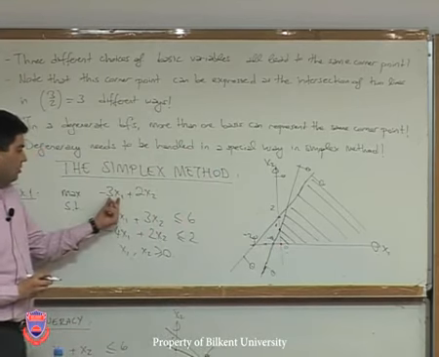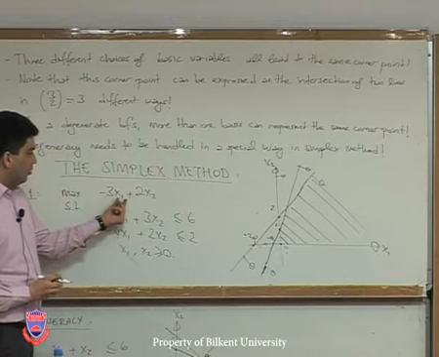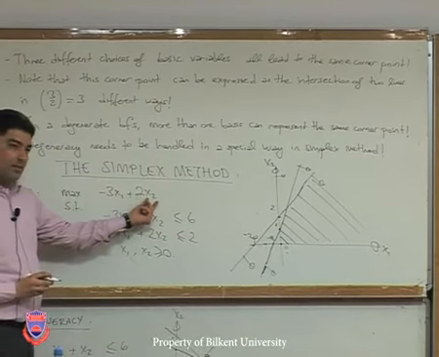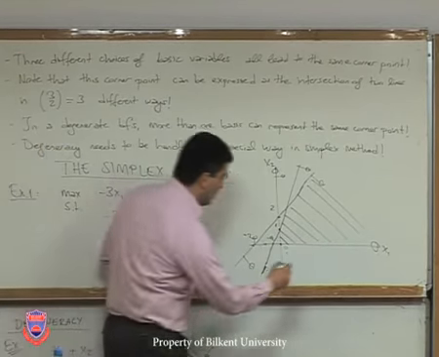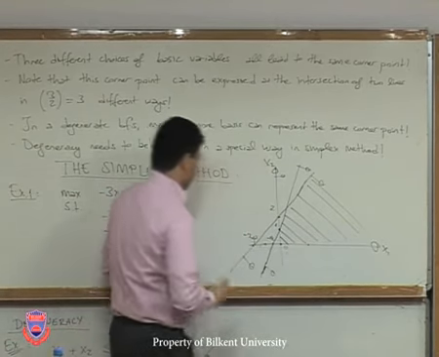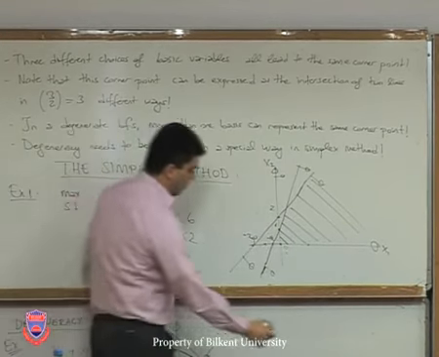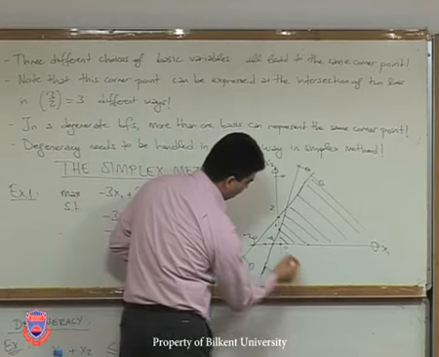I need one more point. So for example, if x1 is equal to 2, x2 is equal to 3, right? So if x1 is equal to 2, and 2 is somewhere over here, then x2 will be equal to 3, and 3 is somewhere, well, down here, basically. Okay?